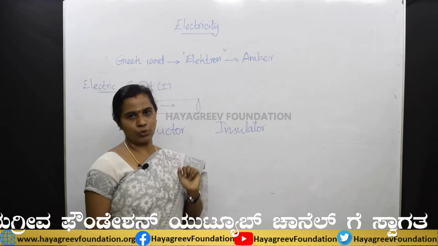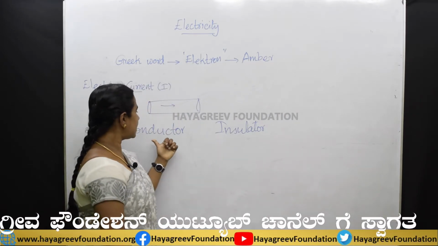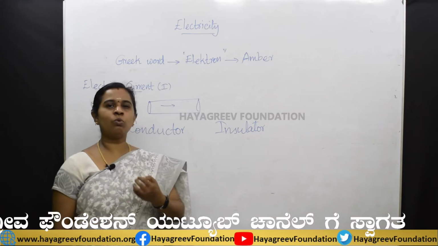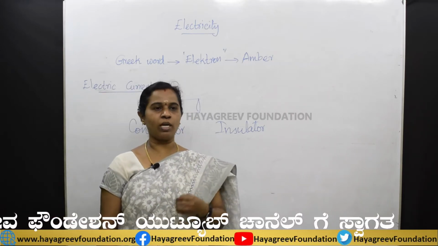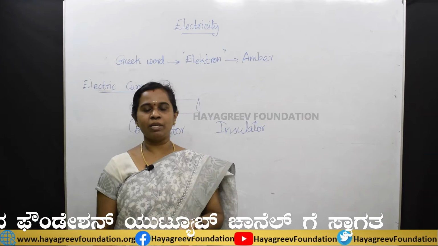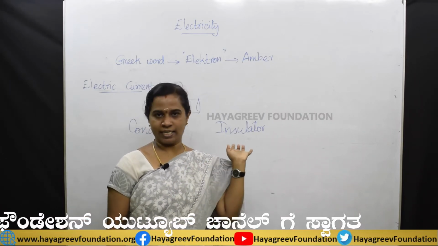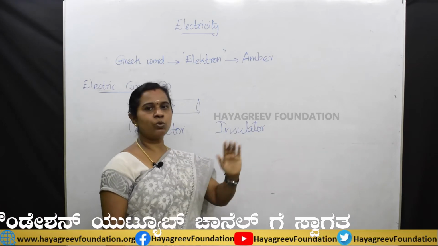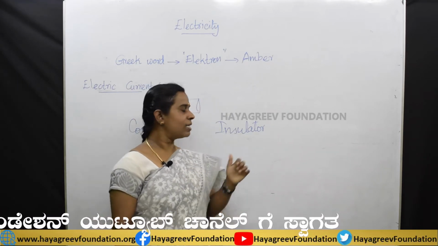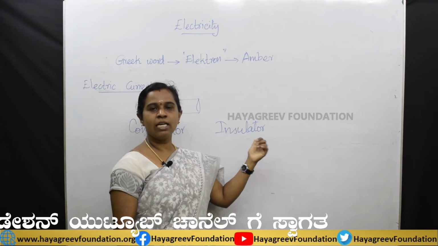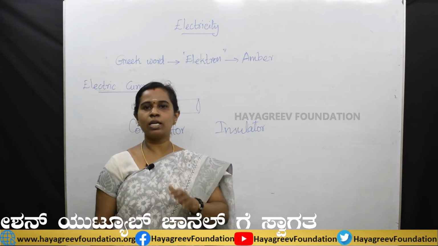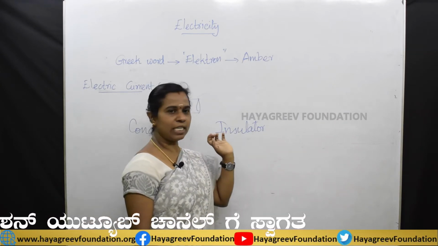Most metals like aluminium, copper, iron, etc., and the human body will conduct electricity. Insulators do not allow the passage of current, for example glass, rubber, dry wood. So that is called an insulator.